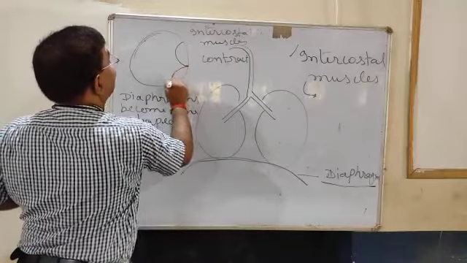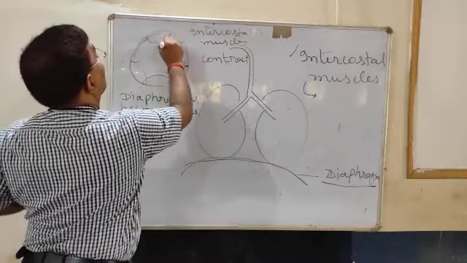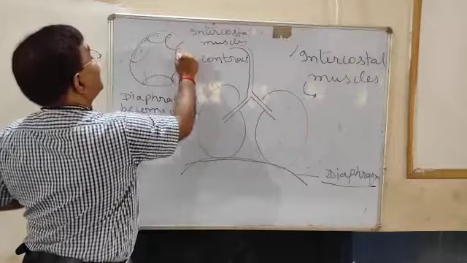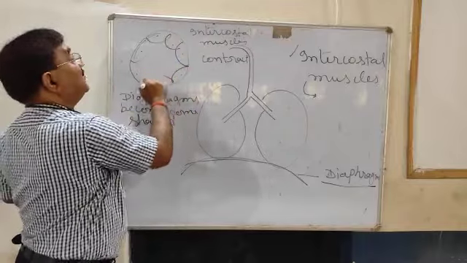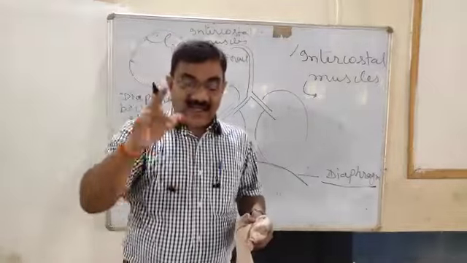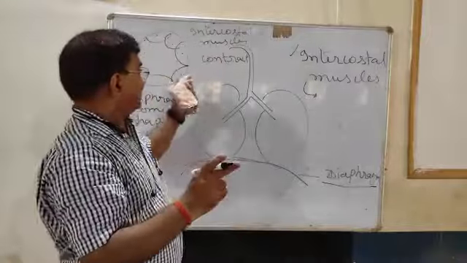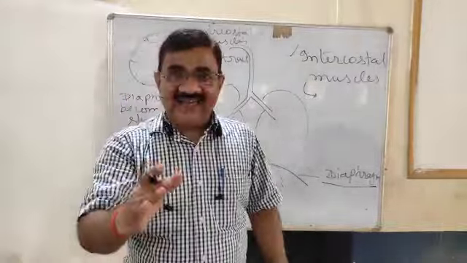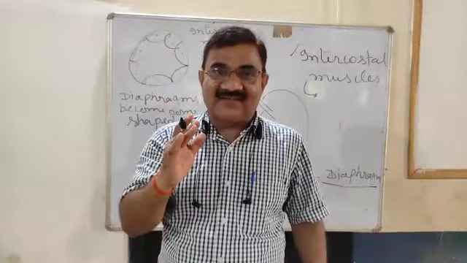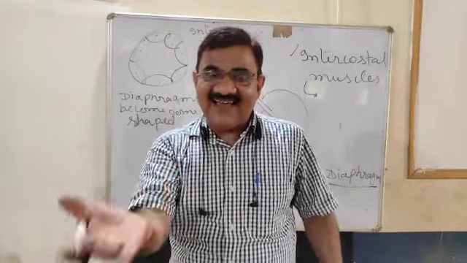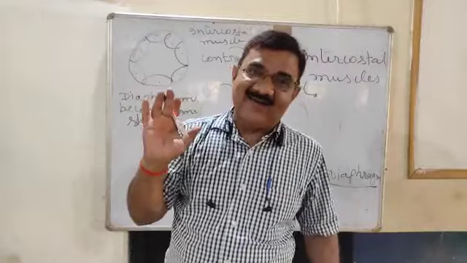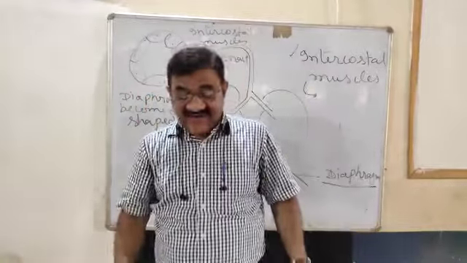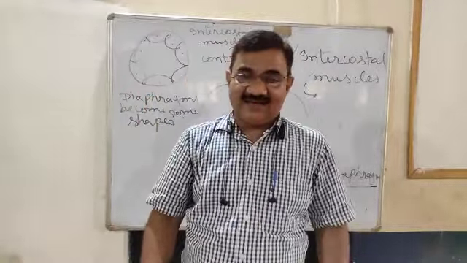When they relax, the volume will be decreased. As the volume is decreased, pressure is increased, and as the pressure is increased, inside air will come out. And this is the mechanism of breathing.